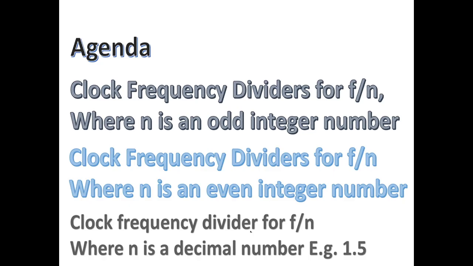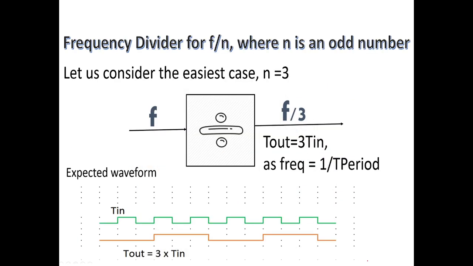Our agenda is to build the F by N circuit where N is an odd number, and the F by N circuit when N is an even number. And also clock frequency F by N when it is a decimal number. Basically, counters are used as frequency dividers.